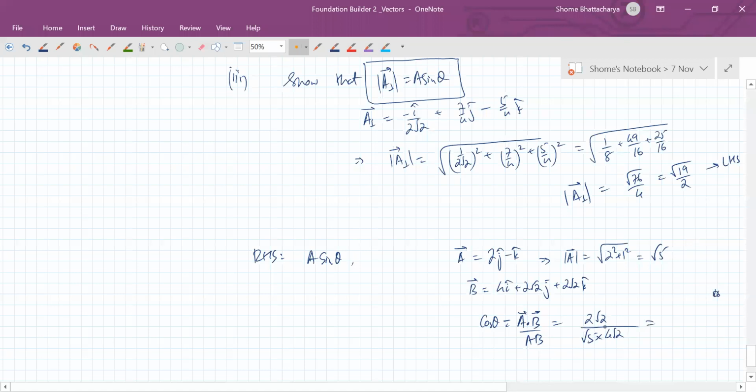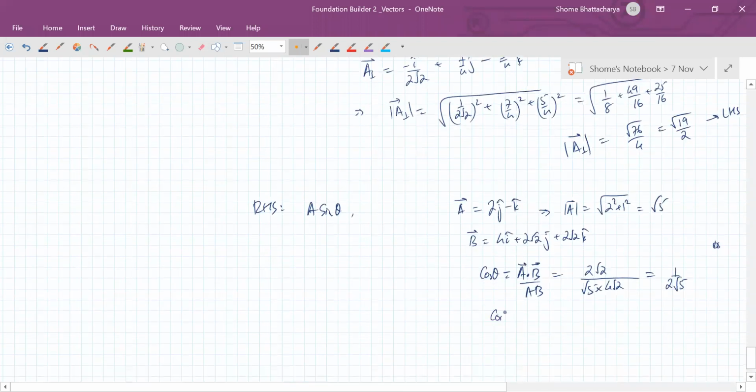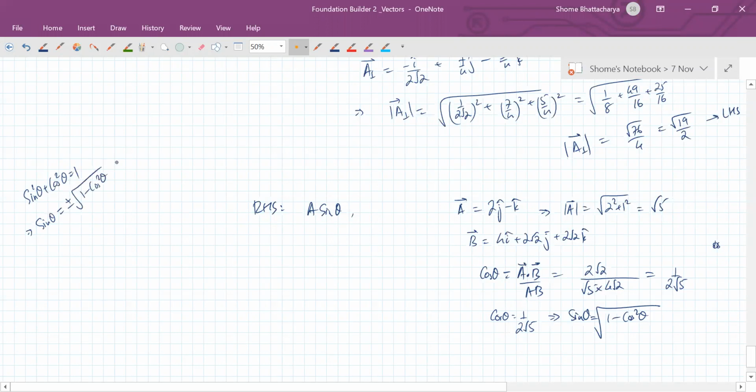Okay. So cos theta is becoming how much? It is becoming 1 by 2 root 5. So cos theta is 1 by 2 root 5 means sin theta is square root of 1 minus cos square theta. This comes from the identity sin square theta plus cos square theta is 1. In general you can say plus minus, but it's like this.